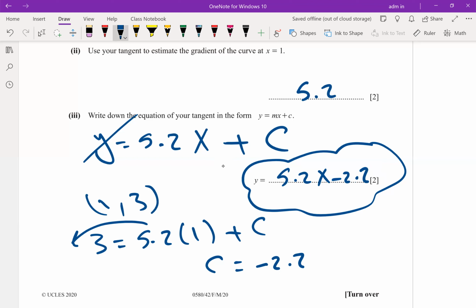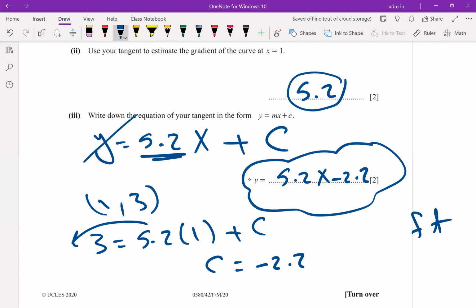Listen, when the examiner looks at your answer in part 2, whether correct or not, whether in the range or not, if you wrote it here, you will get 1 mark. Then find the value of c. Whatever your answer, there is a carry forward for this part. Maybe you have a mistake in part 2.